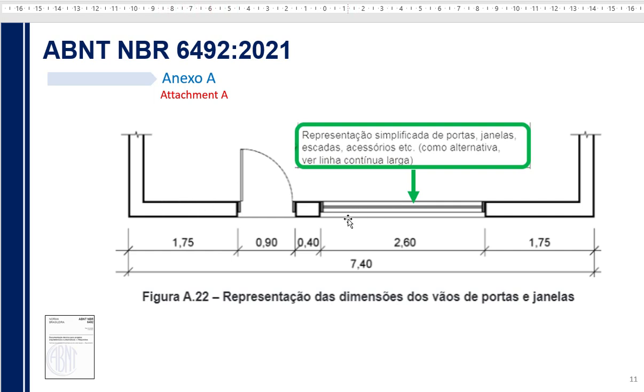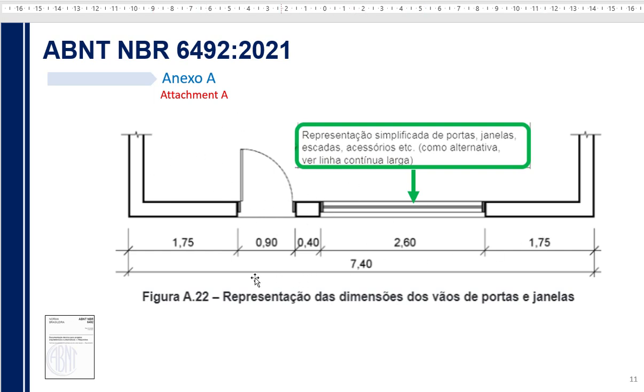Here we have the representation of the window, and the kind of line we use here is different from the walls too. The standard NBR 6492 shows exactly what kind of line we use when we draw a plan like that.